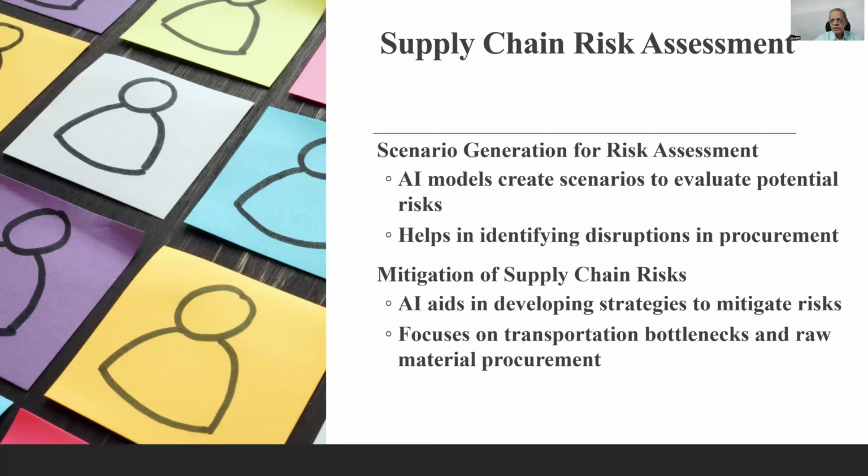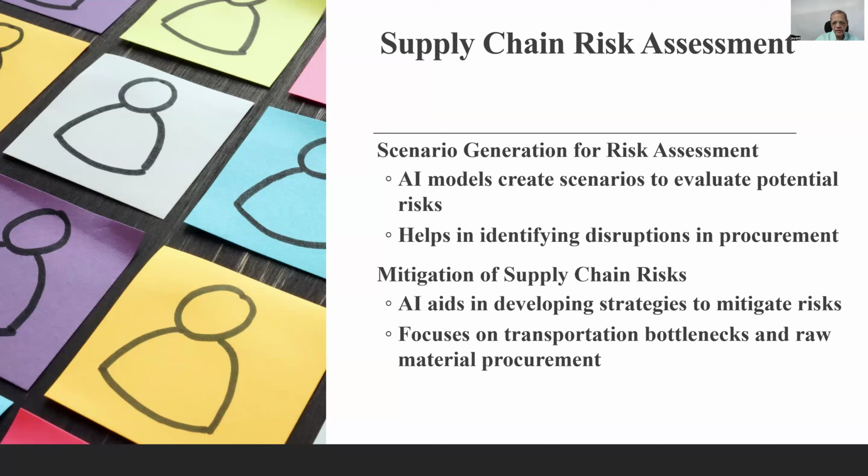The supply chain risk assessment. Different supply chain scenarios can be generated depending upon the risk assessment. Risk assessment can also be linked up to your cyber security and the data getting shared, and different types of risk can be potentially identified, and those disruptions can be taken into consideration, either in distribution or procurement or maybe contract manufacturing.